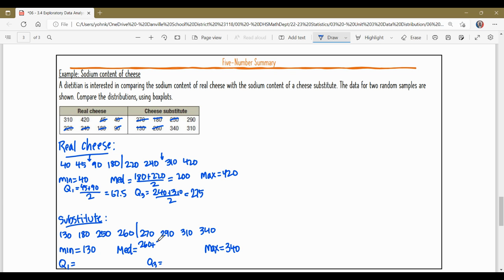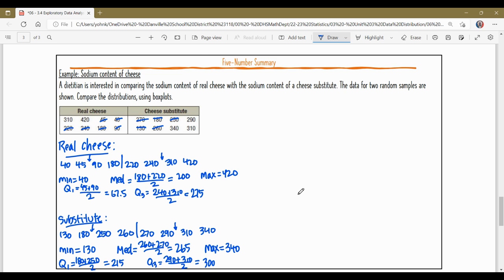So 260 plus 270 divided by 2 is 265. Then I can put my Q1 in between 180 and 250. So 180 plus 250 divided by 2 is 215. My Q3 is going to be between 290 and 310. So 290 plus 310 divided by 2 is 300. Okay, so I have my 5-number summaries for each.